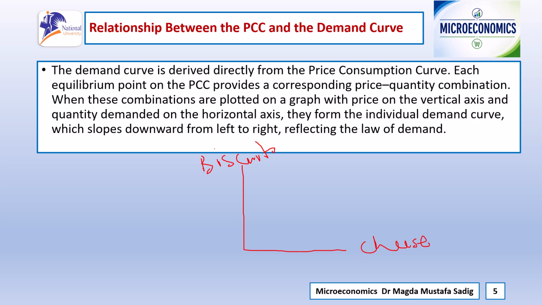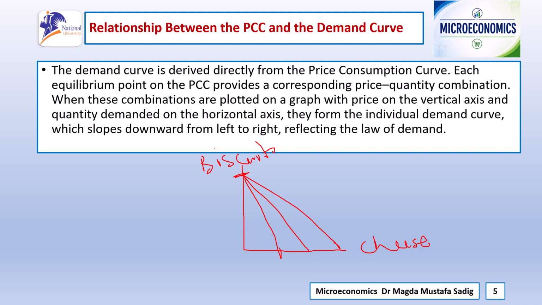And this is our budget line, where the price of biscuits remains constant and the price of cheese changes, so the amounts we purchase of cheese change. Whenever cheese becomes cheaper, the budget line rotates outward.